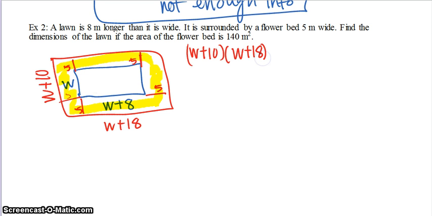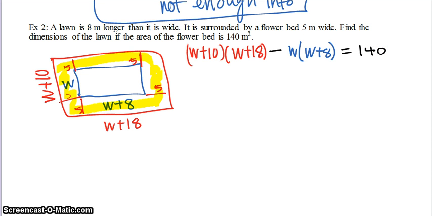And if I subtract the area of the lawn in here, which is W times W plus 8, it should equal this leftover area, which we already know is 140. So now we just need to solve.